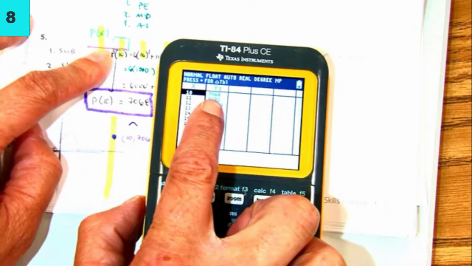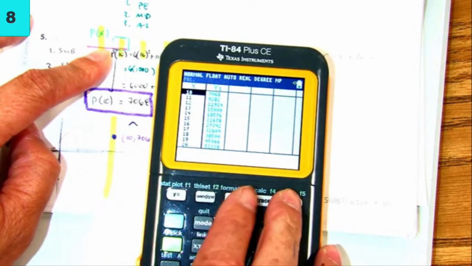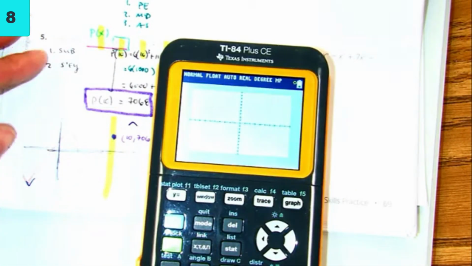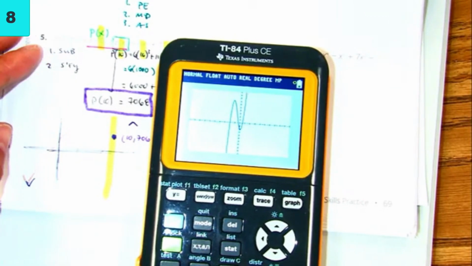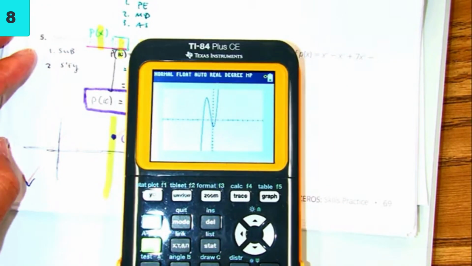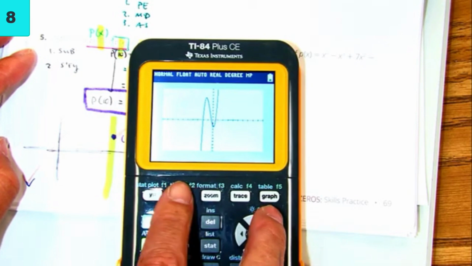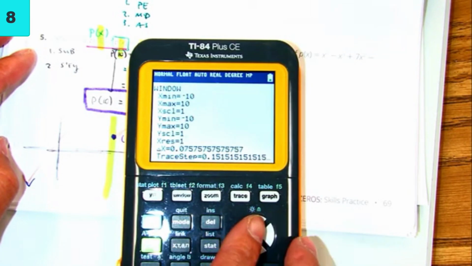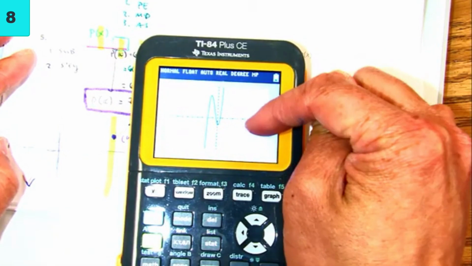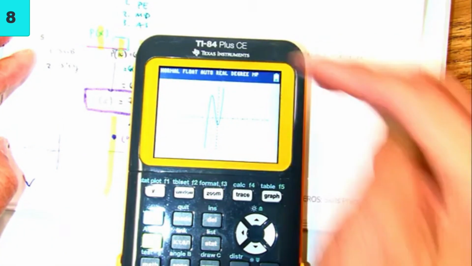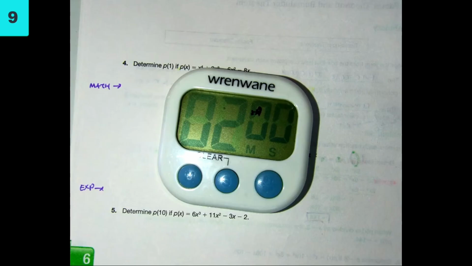Let's give you a visual. There's my visual. I change it up a little bit. 10 would be something way over here, right? So the graph's like way up there. So at least that gives you a visual of what's happening. Let's take a look.